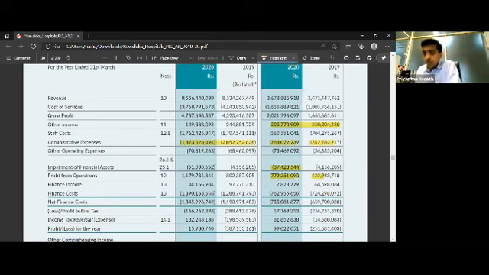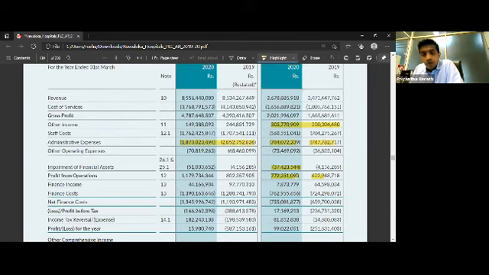So these are some of the things that you need to dig into detail when you review the annual report, right? The company's revenue increase is only less than 5%, but your operating profit increased 82%, right? It's a significant increase. And also this is not a normal relationship, right?